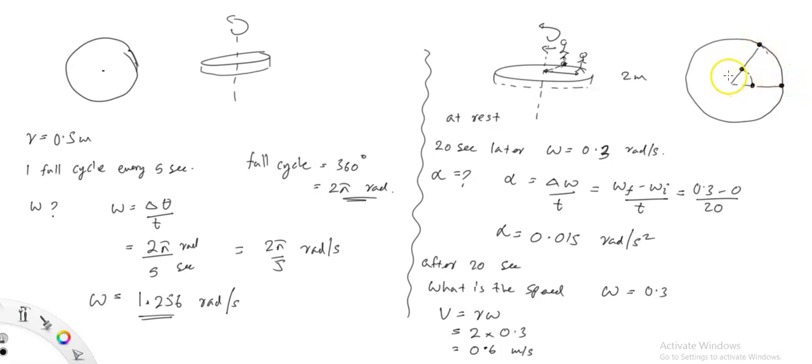They both rotate at the same angle theta, right? Angle is common, but the linear distances they travel, this is shorter, this is a longer distance. If we call this A and B, the length that B traveled along the edge is bigger than the length that A traveled. So one thing to remember, they will both rotate the same angle theta.